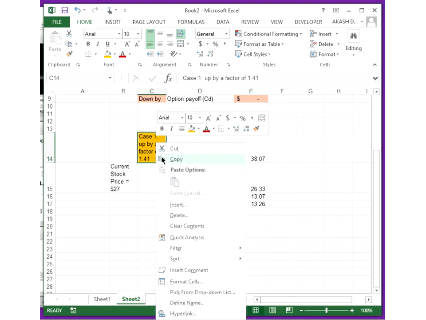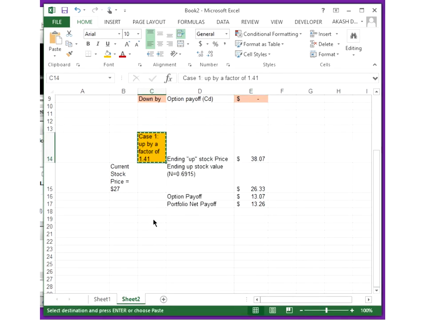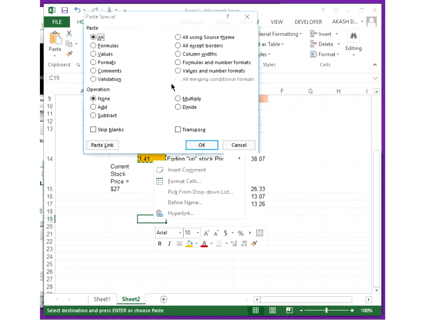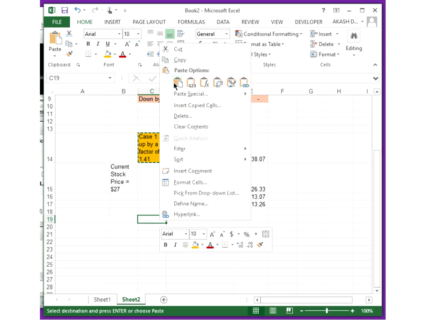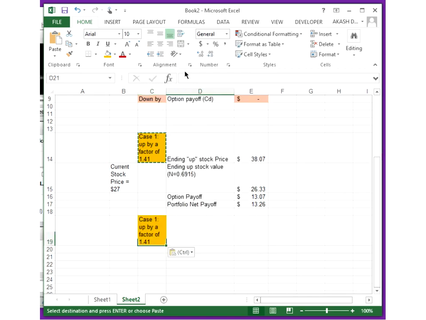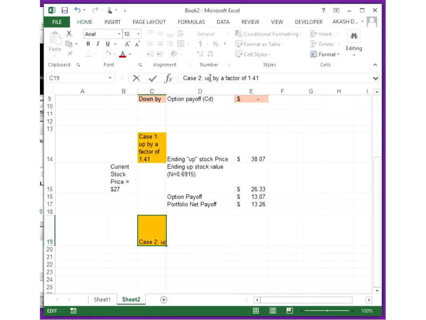Now let's look at case 2. Case 2 is down by a factor of 0.71.